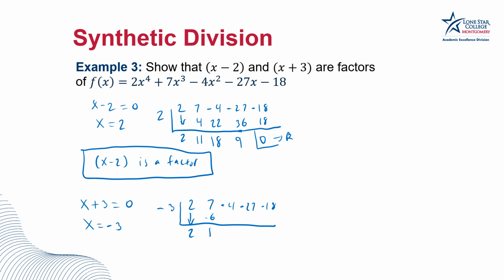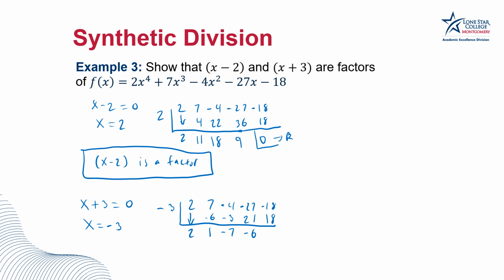1 times negative 3 is negative 3. Negative 4 minus 3 is a negative 7. Negative 7 times negative 3 gives us a positive 21. And then negative 27 plus 21 gives us a negative 6. And then finally, negative 6 times negative 3 gives us positive 18.